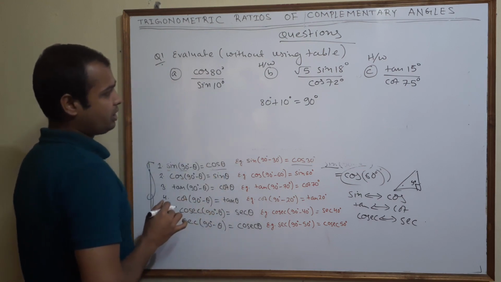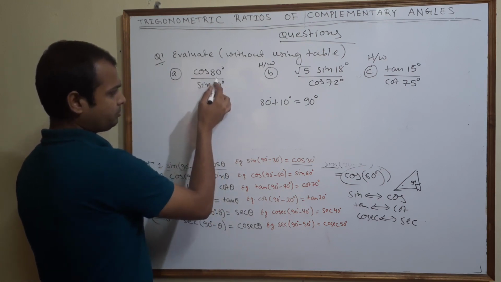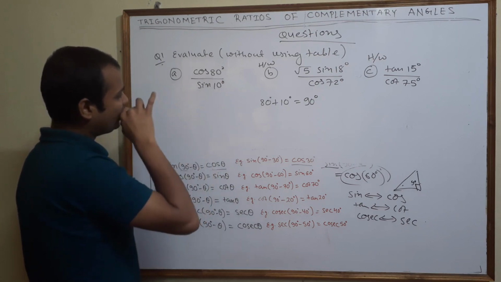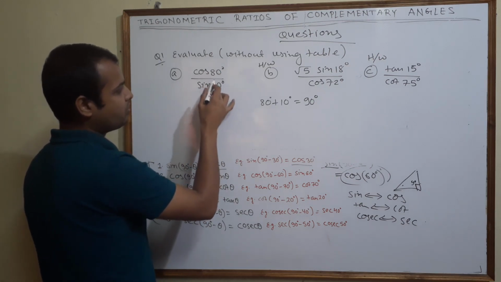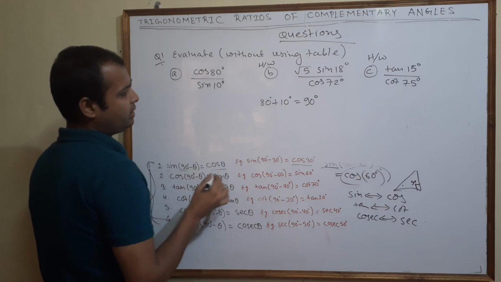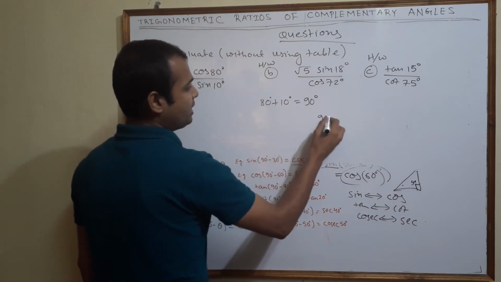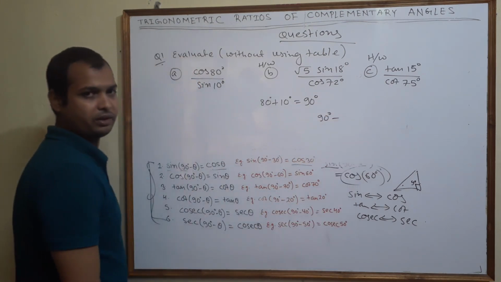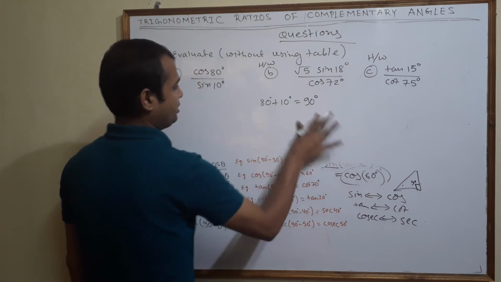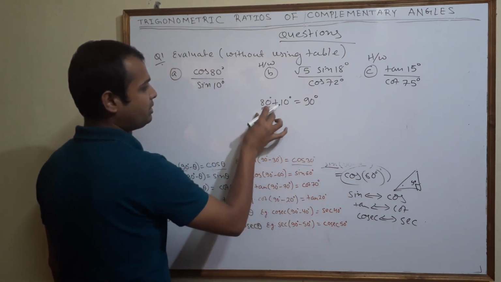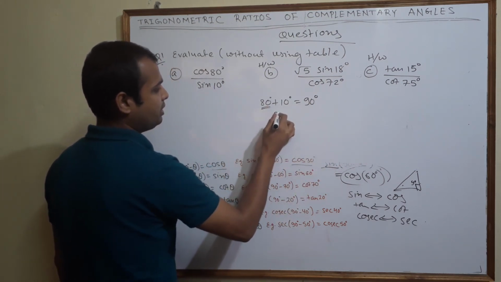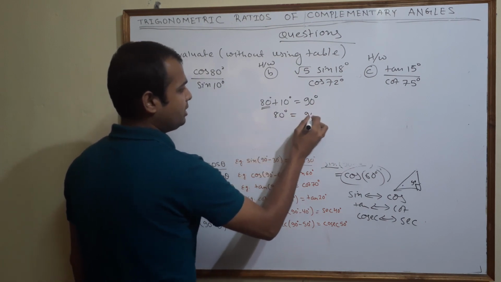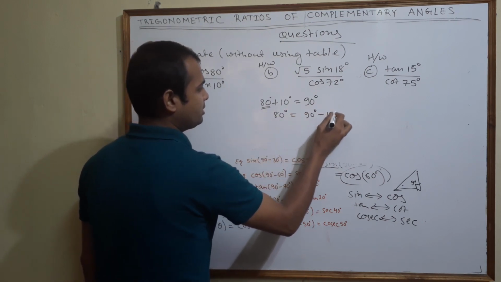So what we will try to do is write either 80 or 10 in terms of 90 degrees minus something. You know that 80 plus 10 is equal to 90, so 80 degrees can be written as 90 degrees minus 10 degrees.